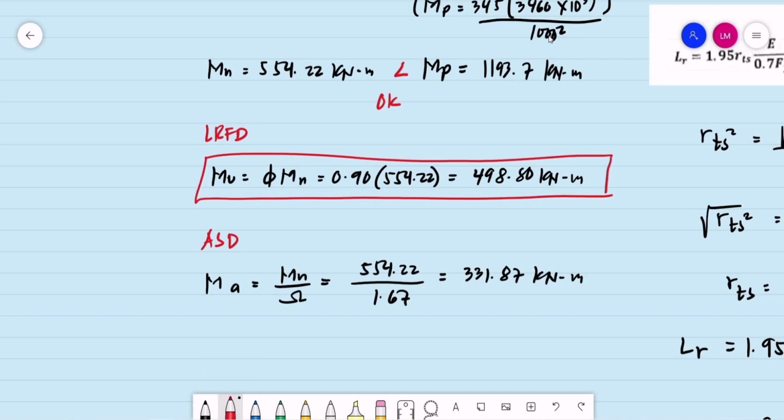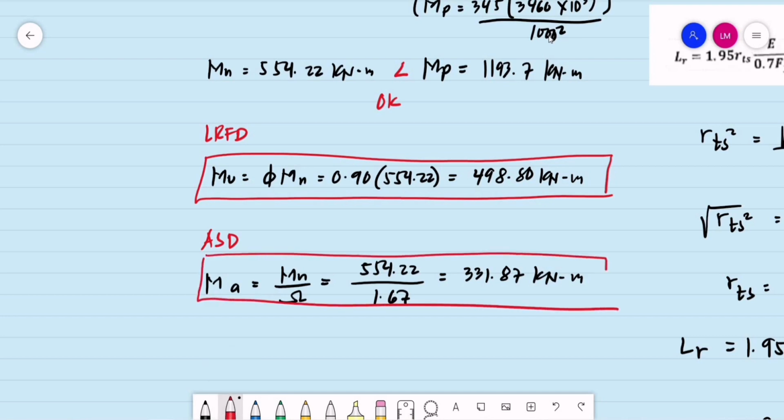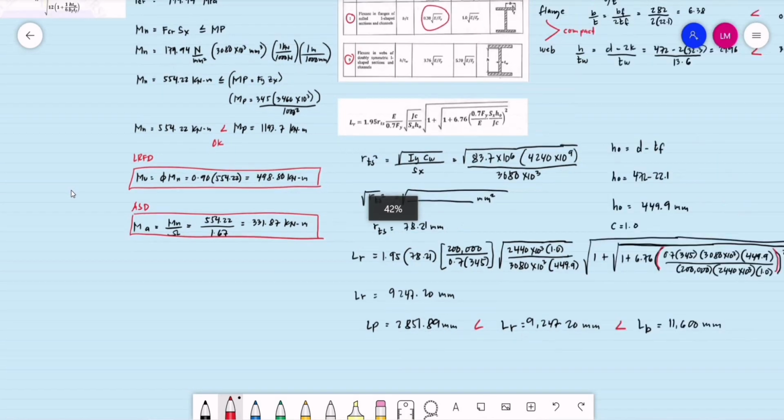So this will be our answer for the allowable flexural strength under ASD. So this will be our solution for this example.